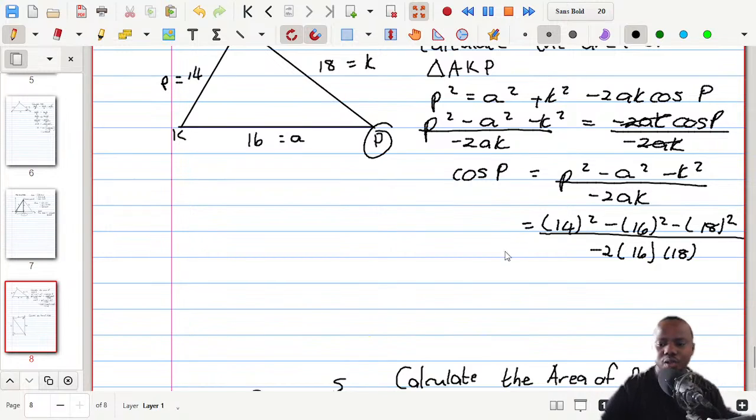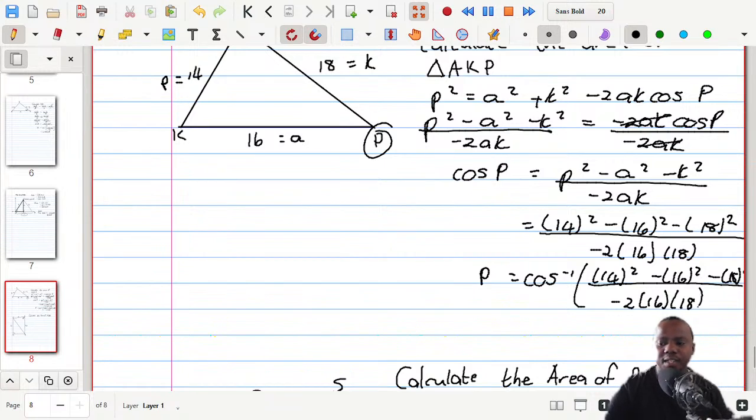So, to get the value of P, I will say this is arc cos of the 14 squared minus 16 squared minus 18 squared divided by minus 2 times 16 times 18. I'm going to type this into the calculator so that we actually get a proper answer before we move on to completing the question.